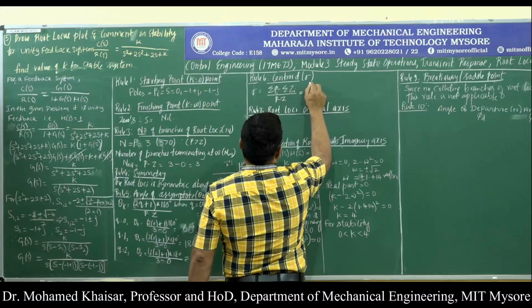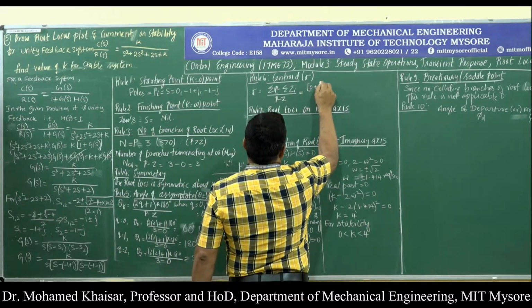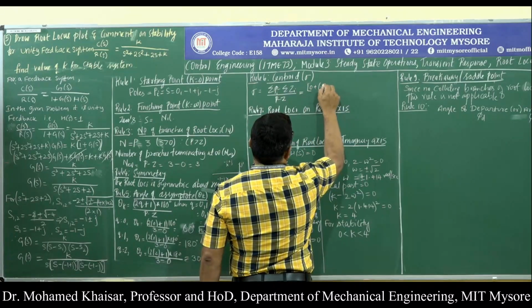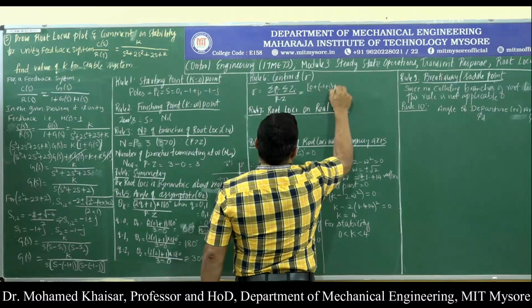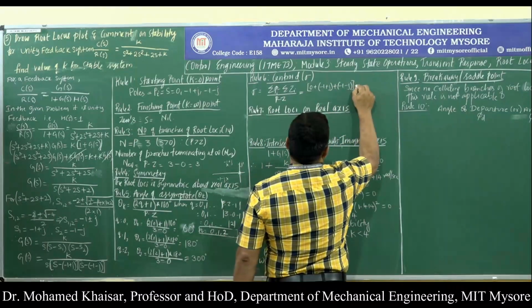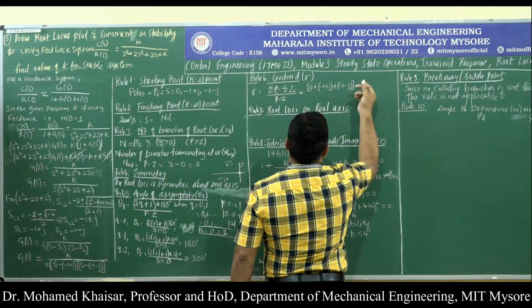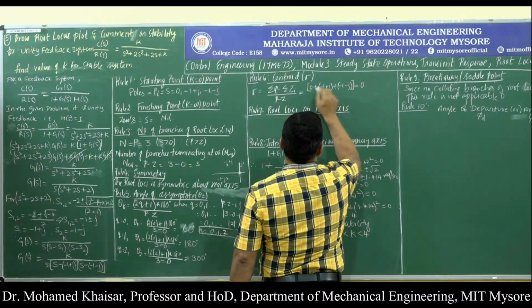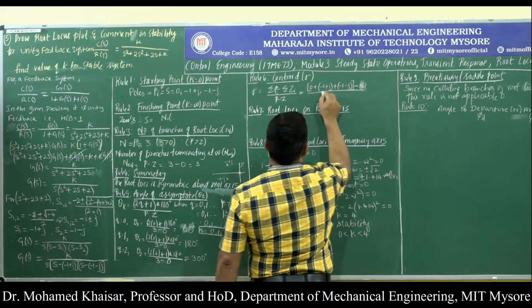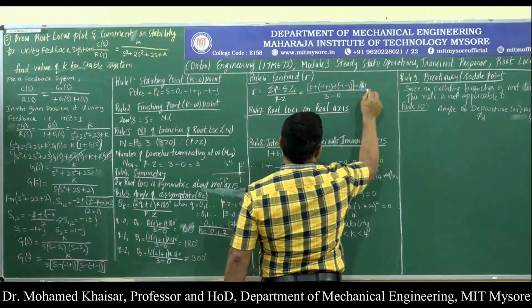Summation of pi is given by 0 plus, I have to write the poles. There are 3 poles, one is 0, one is minus 1 plus j, the other one is minus 1 minus j, minus, how many zeros? There are no zeros, so zi is nil, divided by number of poles 3 minus number of zeros 0.